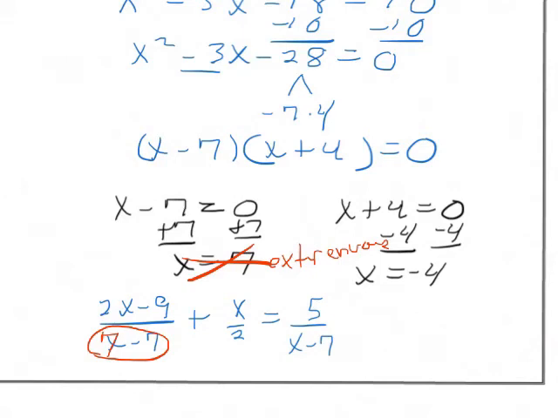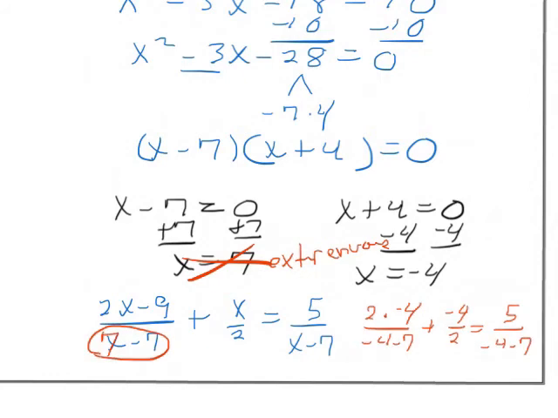Will negative 4 work? Well, let's go ahead and test it, plug it in, and see what's going to happen here. So I have 2 times negative 4 divided by negative 4 minus 7, plus negative 4 over 2, equals 5 over negative 4 minus 7.